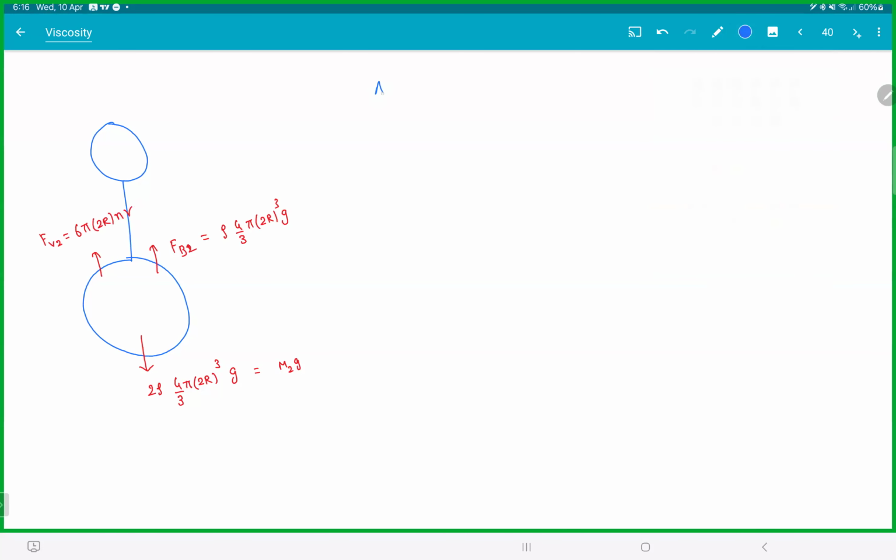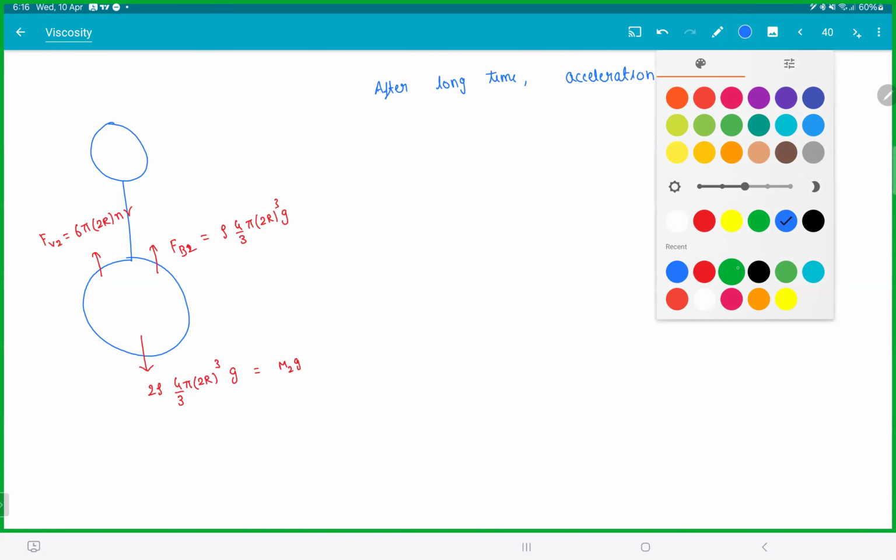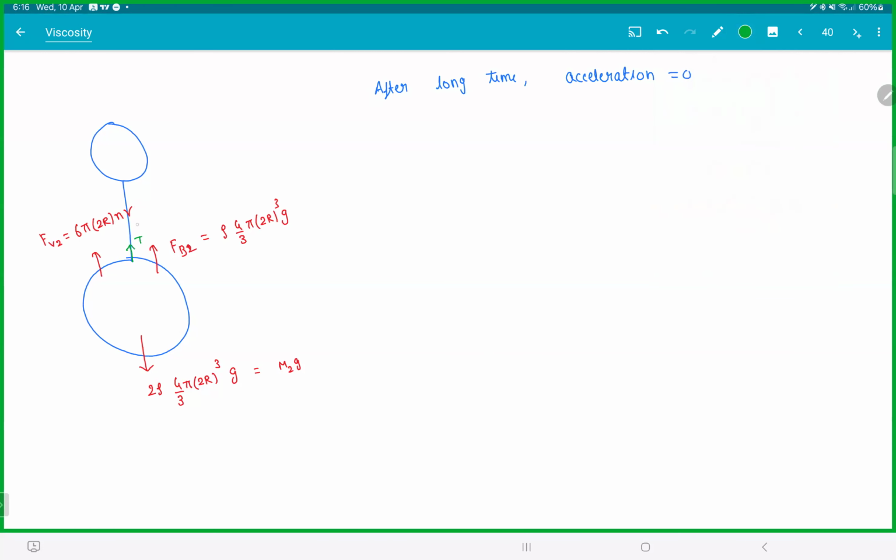So after a long time, acceleration of the system is 0. This is tension. This is tension. You can ignore that. Then you have your own weight here, m1g, which is 2 rho times 4 by 3 pi r cube g.